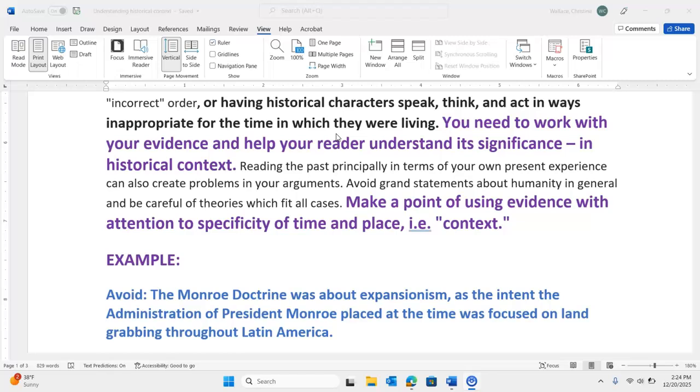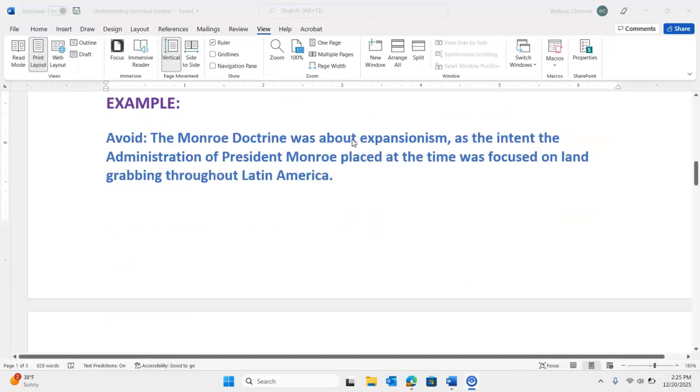This statement says the Monroe Doctrine was about expansionism because the administration placed a priority on expansionism. There's little in the statement about what is meant by Latin America. There's no examples used. It's a very, very broad statement that really lacks historical context, okay? Any specific evidence is also lacking.